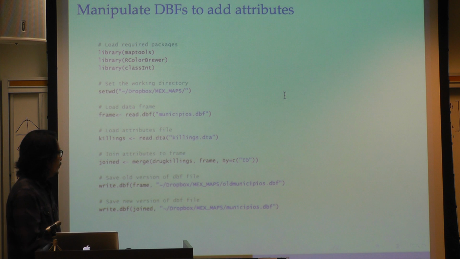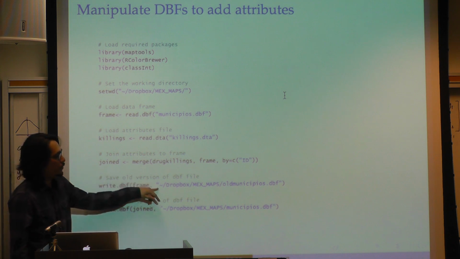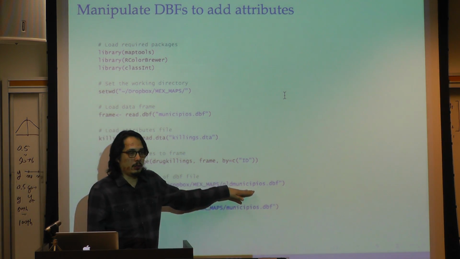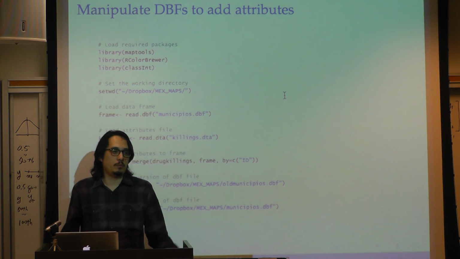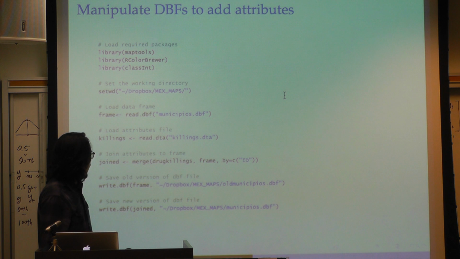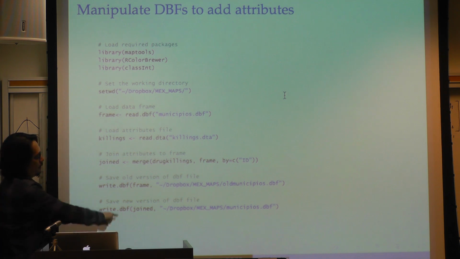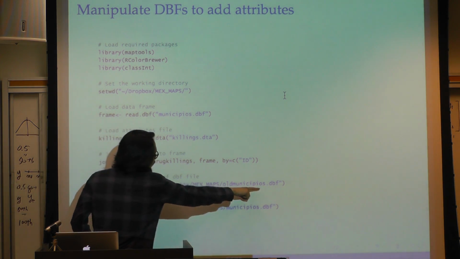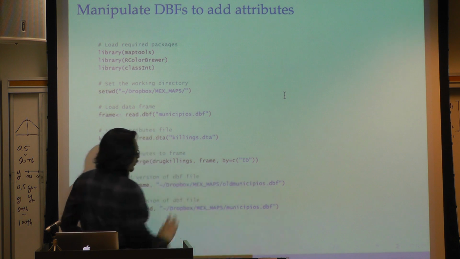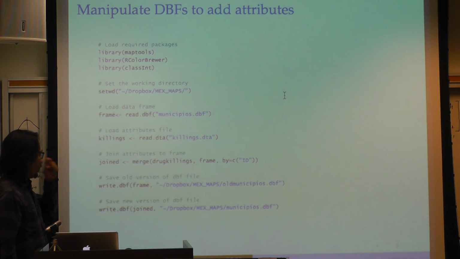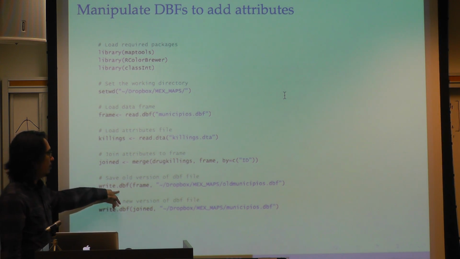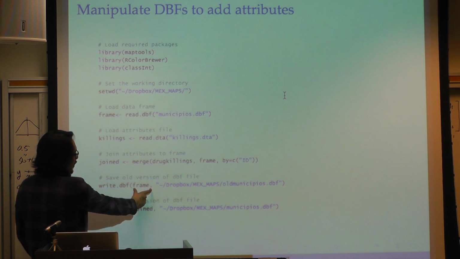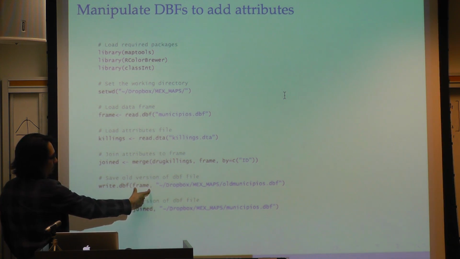So what I always do is to save the old version, so I always keep the original DBF file, just in case I want to go back or that something went wrong. I first saved the DBF file as the old municipios. And you can do that the same way you save a data set for a state or whatever. Just write .dbf and specify that you want to save the frame.